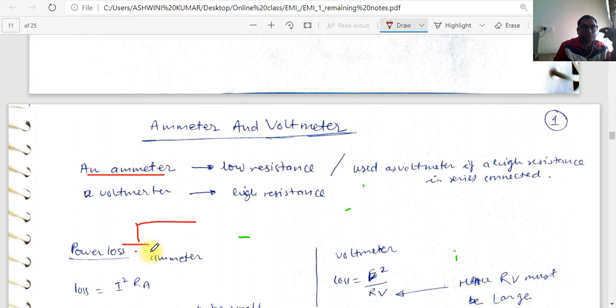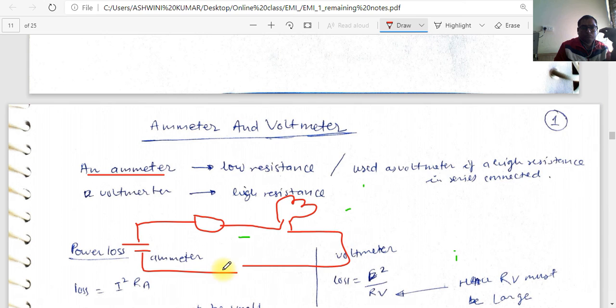This is a voltage source connected. This is the bulb having the resistance R. This is the current measuring, this is the ampere measurement. This is the ammeter which is connected in series.